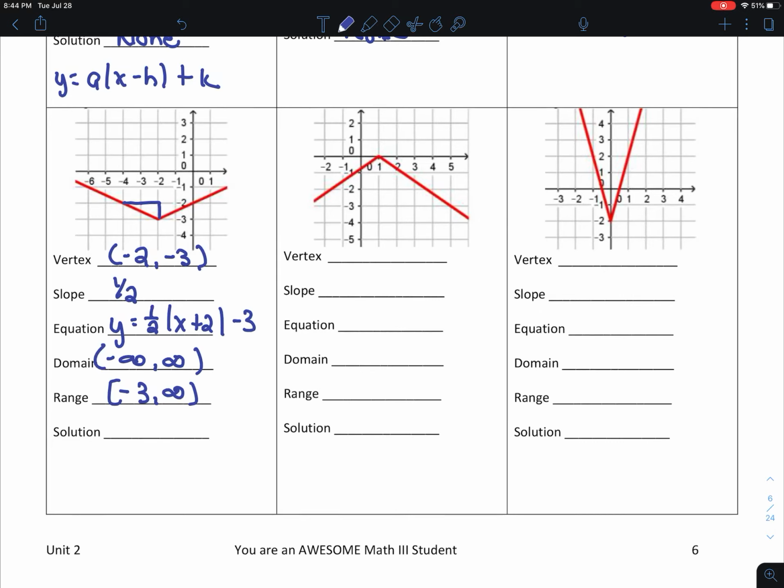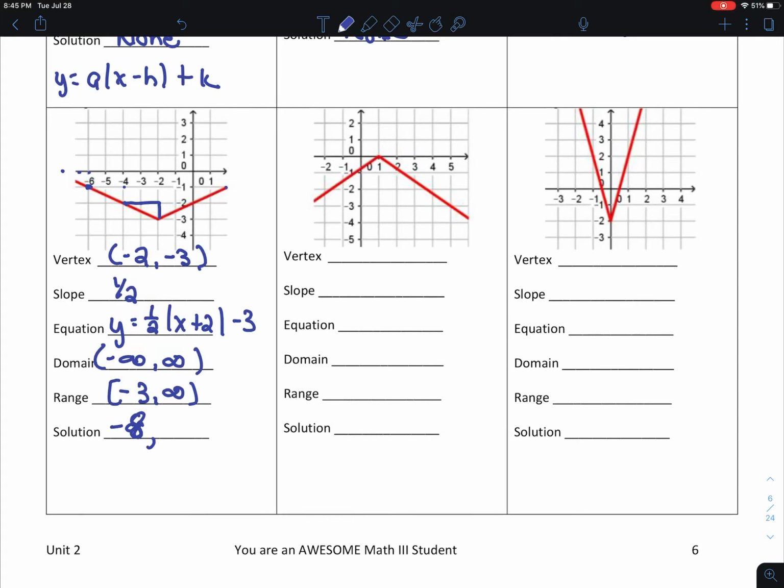And my solution is, I can't see. Well, let's see what it's going to do. It's going to go up 1 and over 2. So up 1 and over 2 would take us to -8.